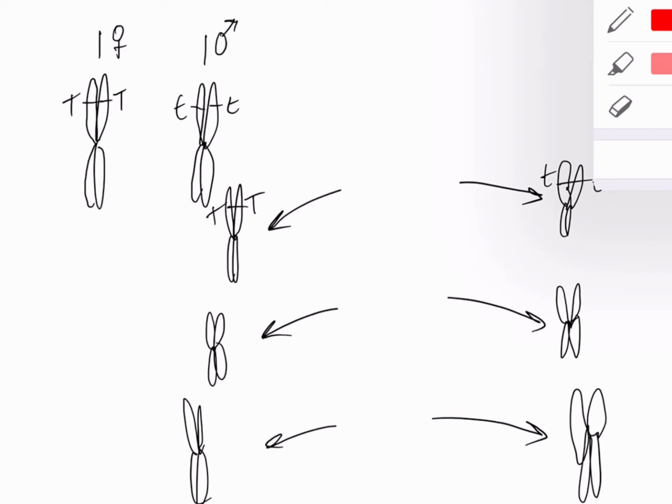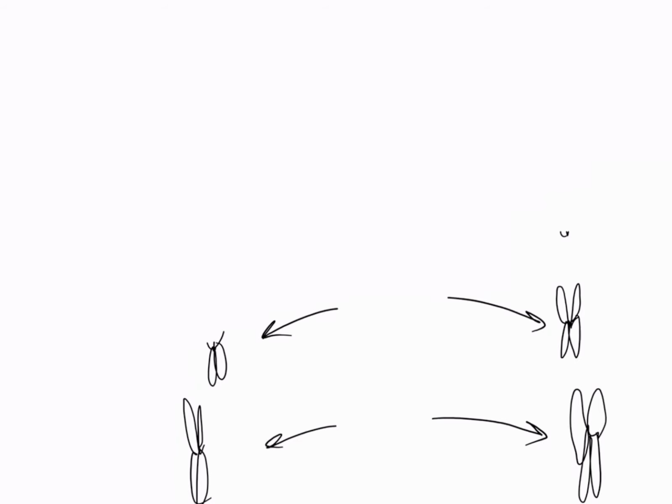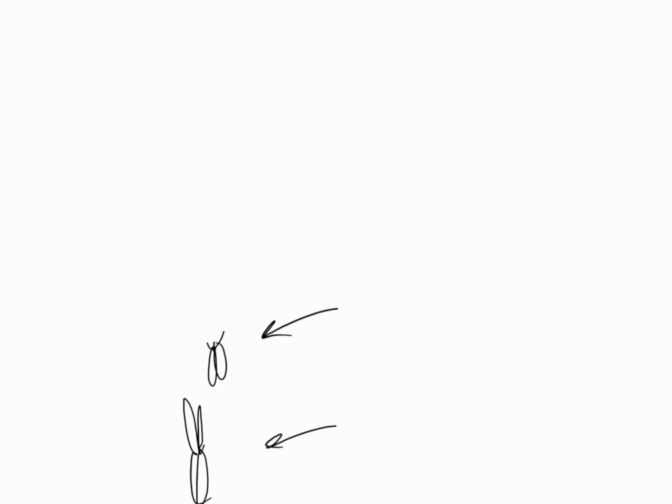Let's now take all this stuff away and think about meiosis 2. So that's meiosis 1, and I'll just draw the cells that would be produced, and then we're going to think about meiosis 2. From meiosis 1, we're going to get 2 cells.